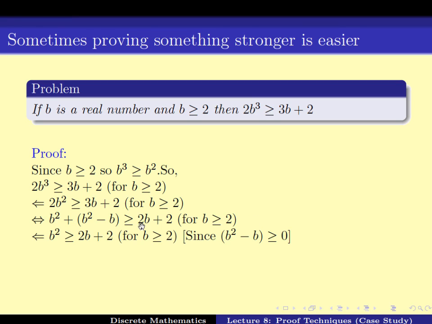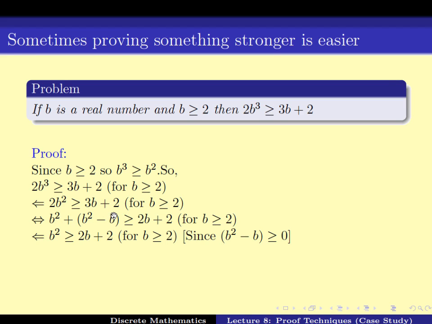Once again, note that this b square minus b is greater than 0. Why? By the same logic, since b is greater than 2, b square is greater than b. So b square minus b is greater than 0. That means I can remove this positive term on the left hand side.